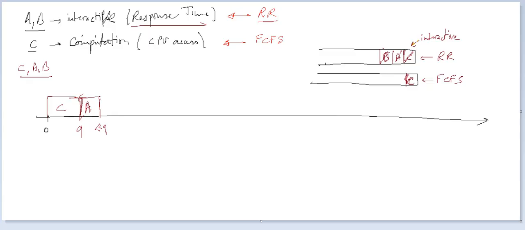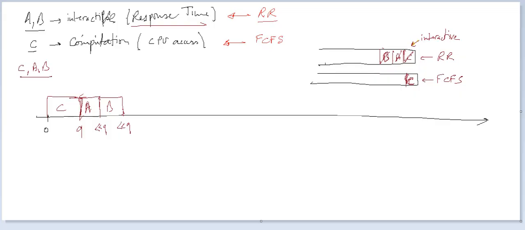B runs and doesn't use the whole quantum, and that's great. Now let's assume that they're still waiting. A is your text editor and B is your browser, so it's not a game. You're waiting, you're not really giving input as a user, so the processes are blocked.